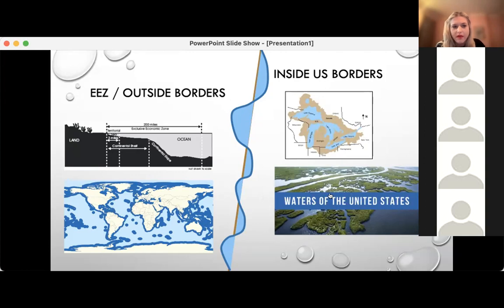And like the wetlands example, right? How wet does the land have to be before you consider it a body of water versus a body of land? And especially with climate change, rising sea levels, etc. And this isn't anything new. You all have seen the map of how the earth changed from Pangea to what it is now, and how things keep moving around throughout time.